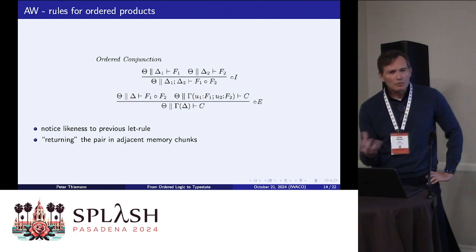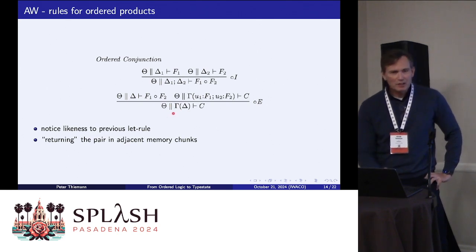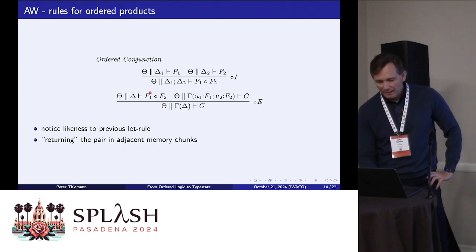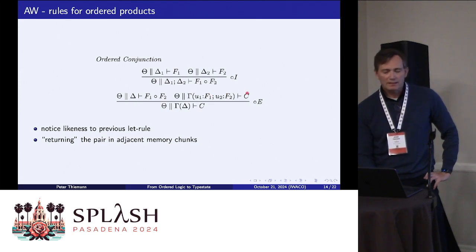So it's the elimination rule for ordered pairs. And actually, it's just the pair elimination rule, sorry. But essentially, if you would write a syntax for it, it would be a let x y equals, and then you would pick up the value of this one here, and the C would be proved by the let, and here you would be typing the body of the let, right?